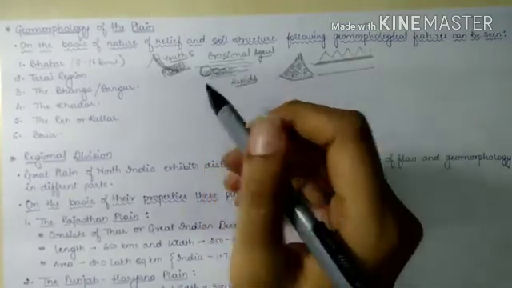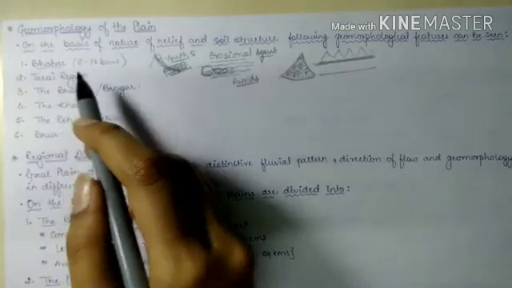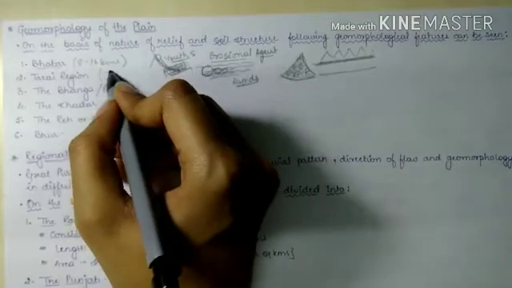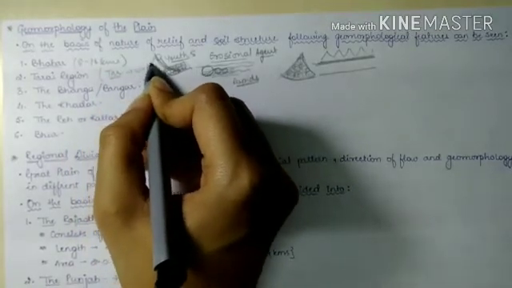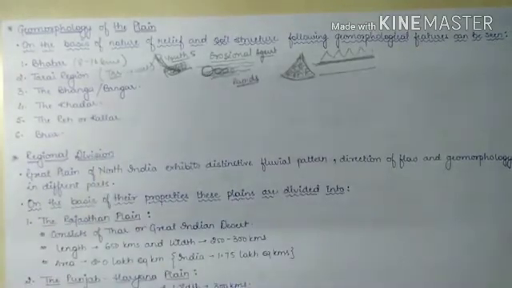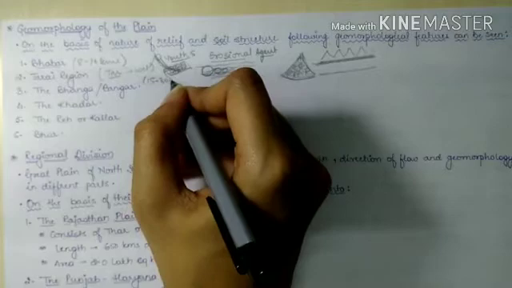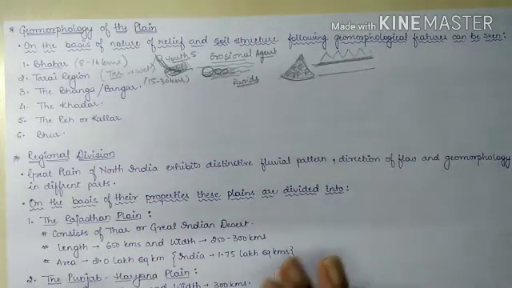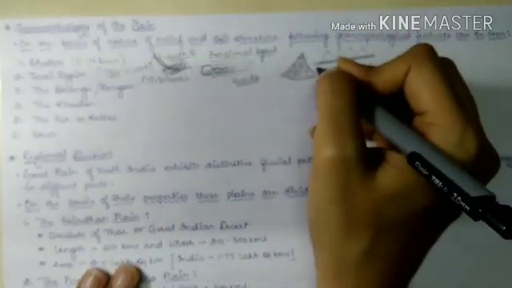Then next we have the Tarai region. The Tarai region's name comes from the Hindi word 'tar', which means wet. This Tarai region is actually 15 to 30 kilometers wide. It is a marshy tract lying at the south of Bhabar.